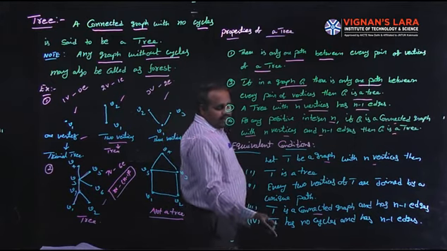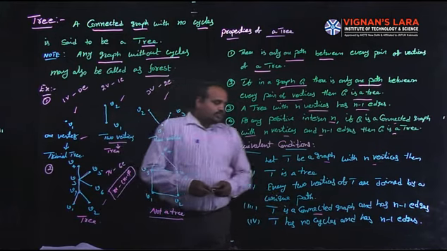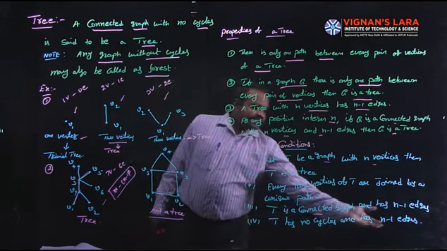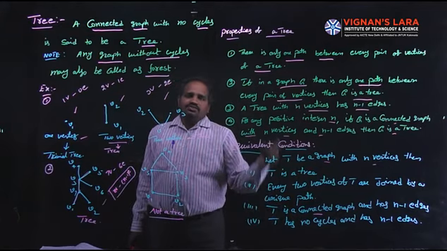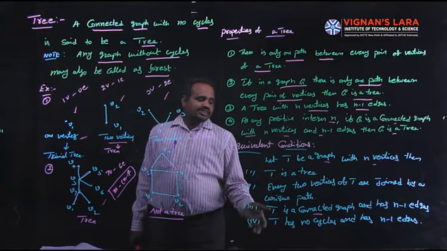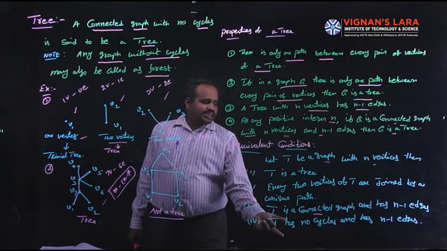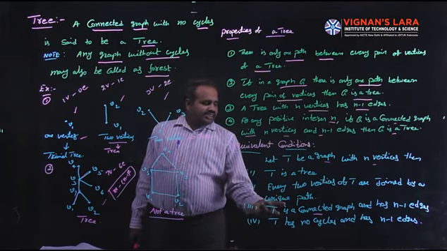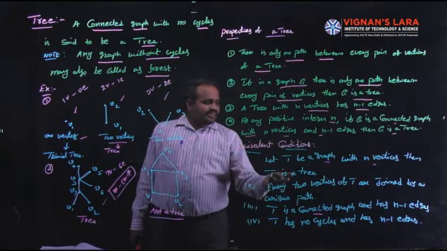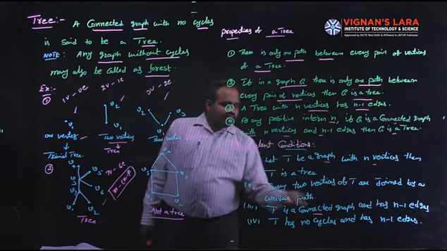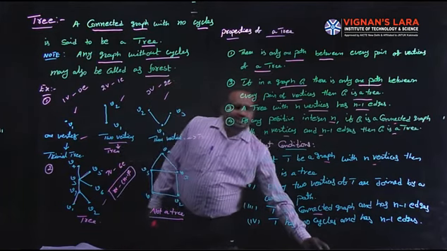Another point: T has no cycles and has n minus 1 edges, then also it is said to be a tree. These four are called equivalent conditions. Like this, these are called equivalent conditions.